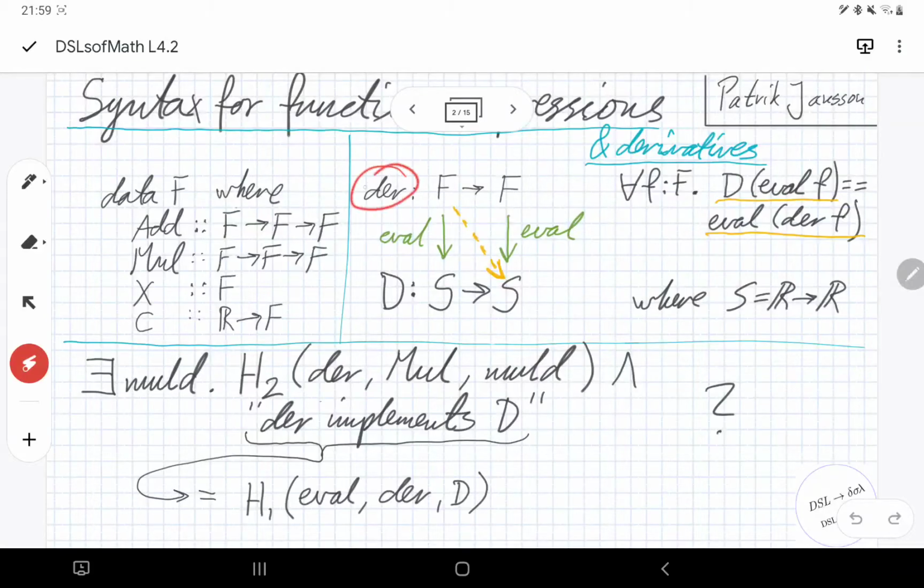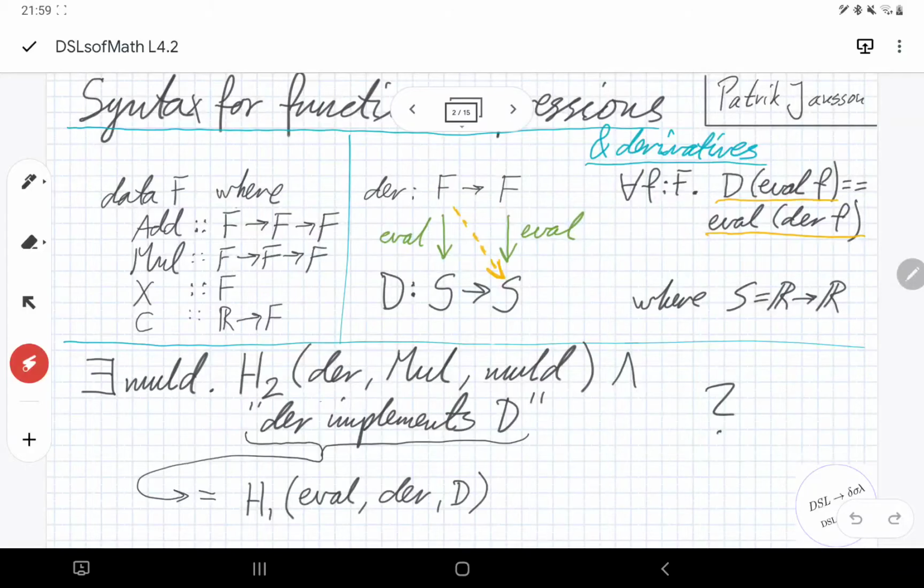If you first apply the derivative, we get a syntax tree which we can evaluate to a function, or we can first evaluate it to a function and then compute the mathematical definition of derivative. If we take the underlying lower route, we can't do it in Haskell, but if we take the upper route, we can.